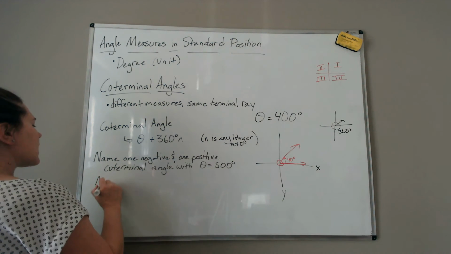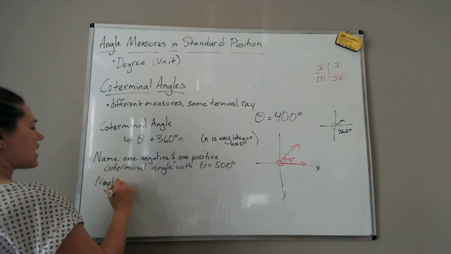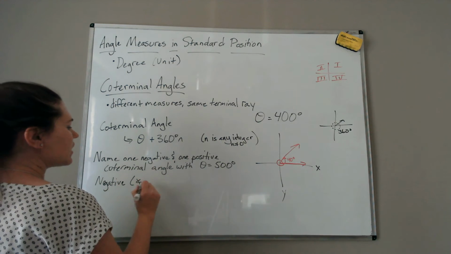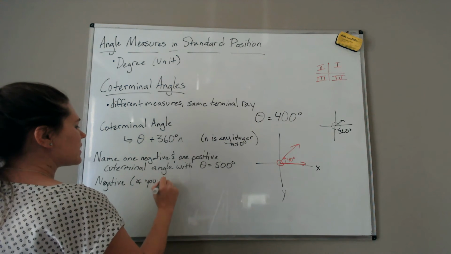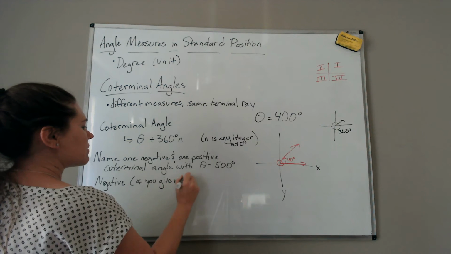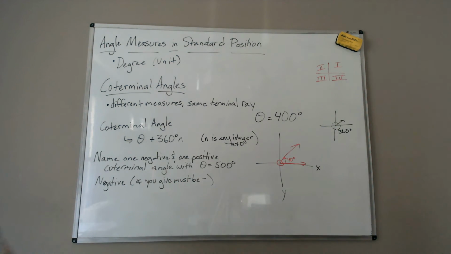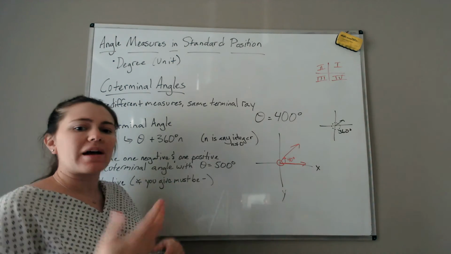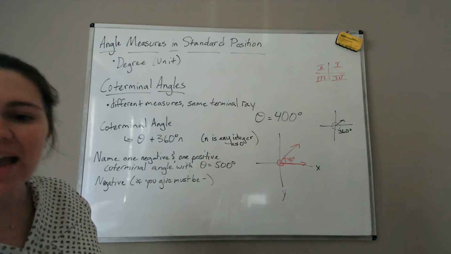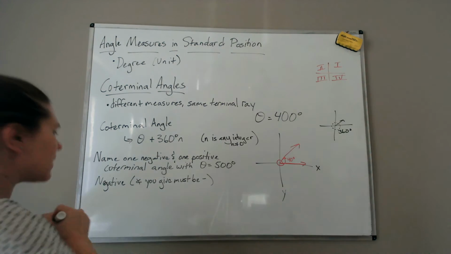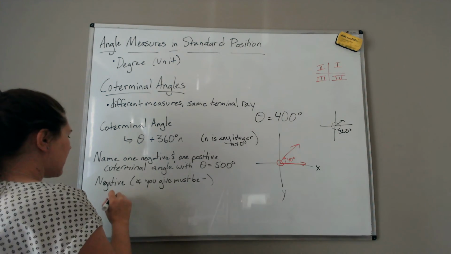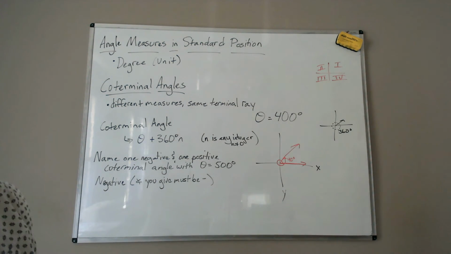So if you're going to name a negative coterminal angle, the angle you give must be negative. That's what it means to be a negative coterminal angle, not that you got there by subtracting 360. The angle you give has to be negative.